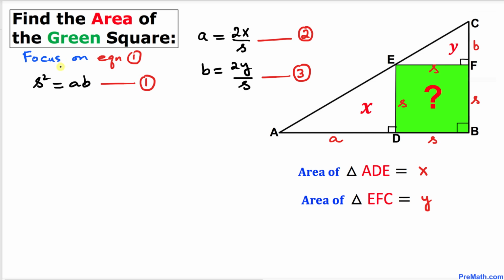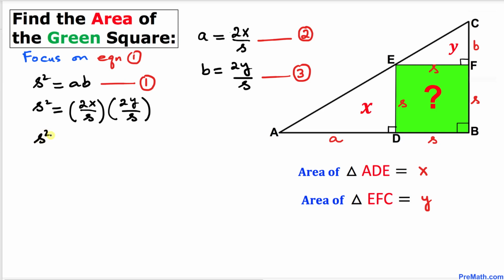And here's our final step. Let's focus on equation 1, which I have just copied down over here. Now let's replace a by this quantity and b by this quantity. So we're going to have s square equal to a, in our case 2x divided by s, times 2y divided by s. Let's simplify.